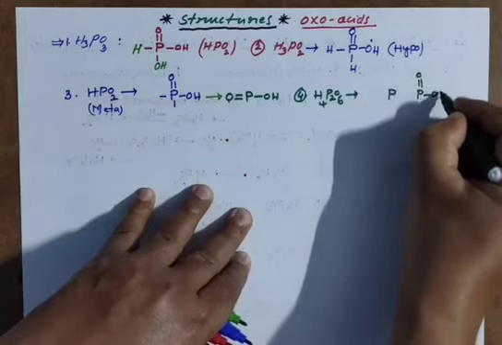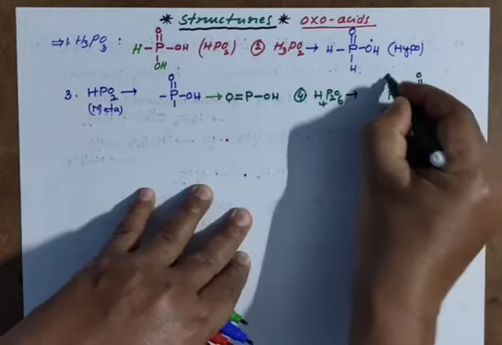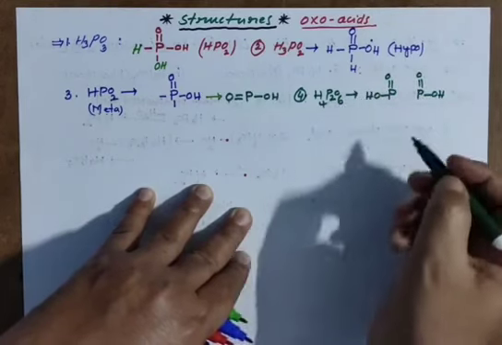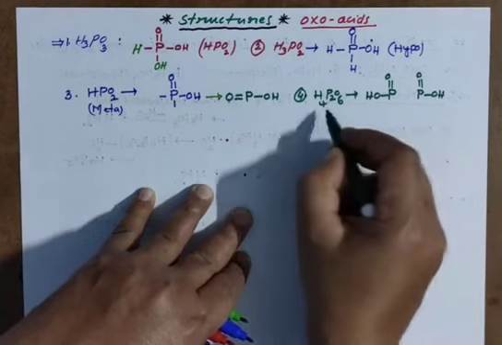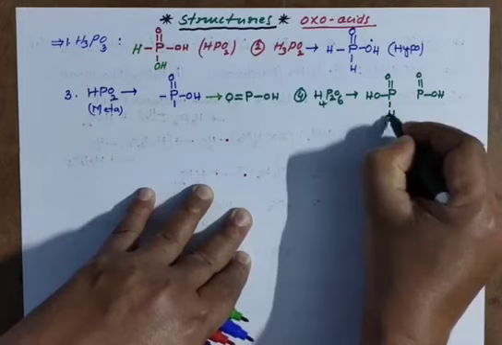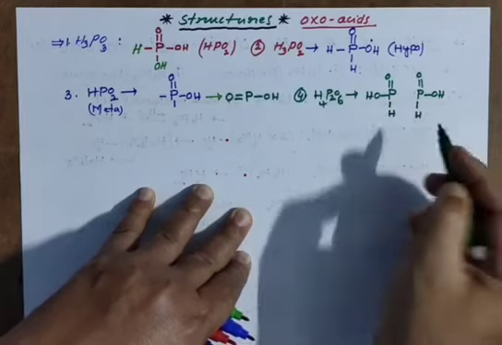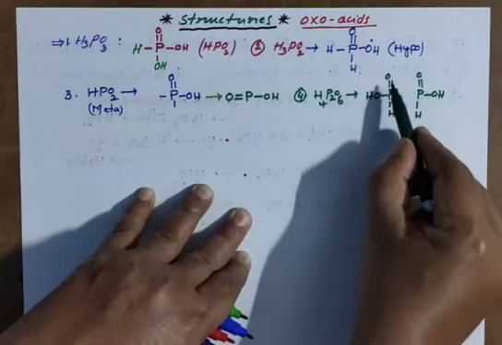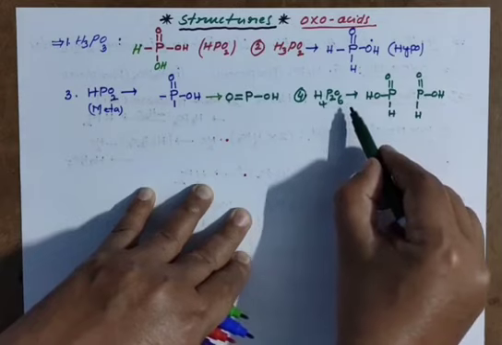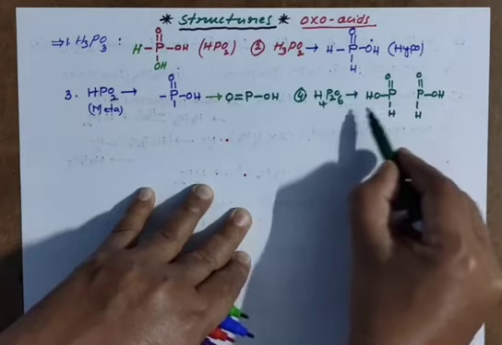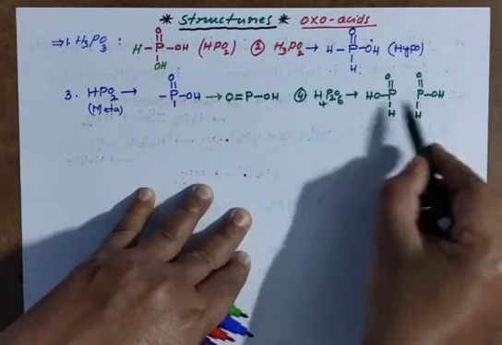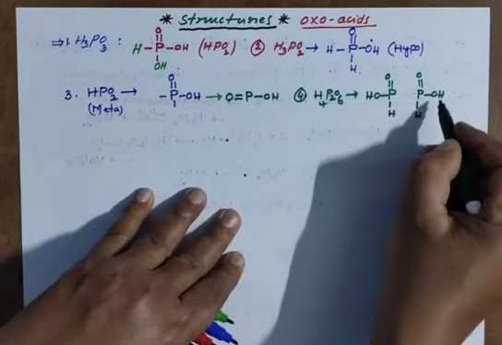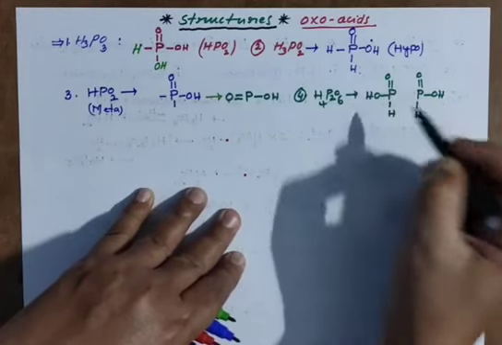Double bond O, OH on every central atom. Completed. How many remaining? 4 hydrogens. Put 1 hydrogen here and 1 here. Now completed: 4 hydrogens, 1, 2, 1, 2; oxygens, 1, 2, 1, 2. Clear? Total here 1, 2, 3, 4 completed.